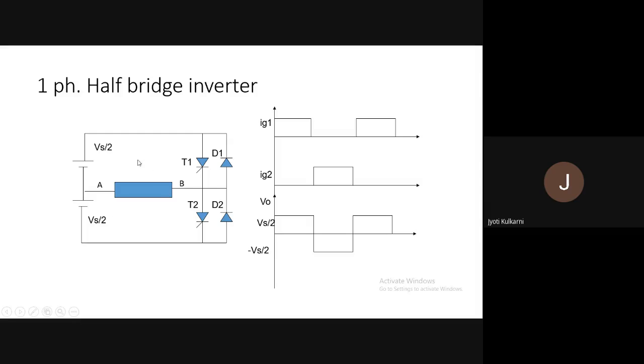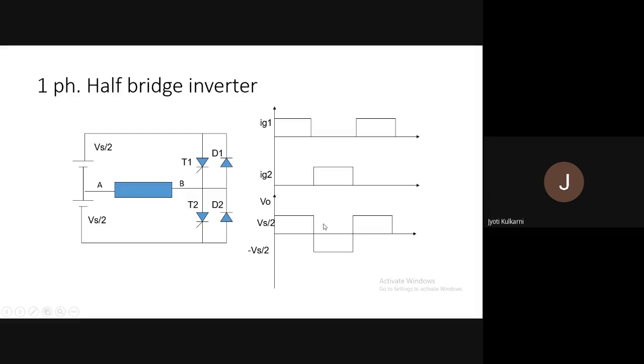But when the upper part was in operation, the current was flowing through the load from B to A. But when the lower part is in operation, the current is flowing from A to B. As current is flowing from A to B, A is positive and B is negative. So with respect to the polarity of output voltage, which was first positive, the second polarity of the output voltage will obviously be negative.